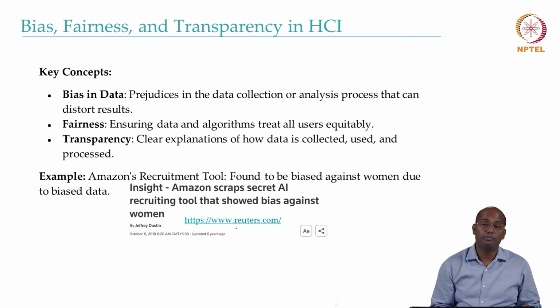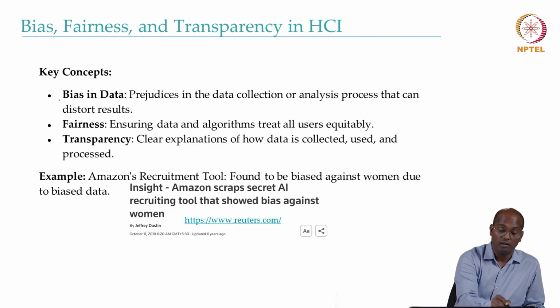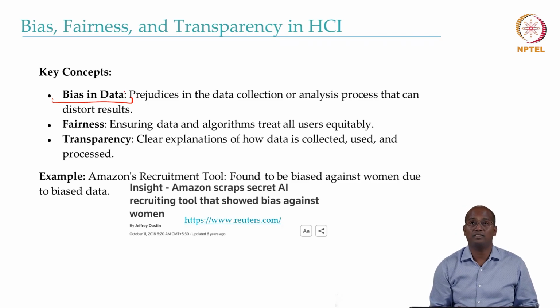So the key concept in any data collection, or any data we are talking about, is that often there is bias in data, because many systems that we are building these days are based on a very simple concept: garbage in, garbage out.